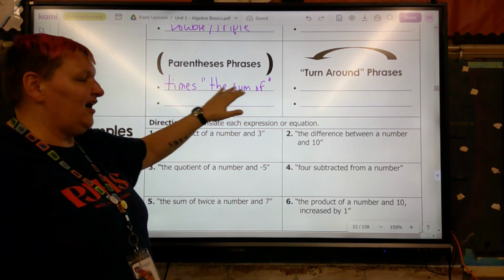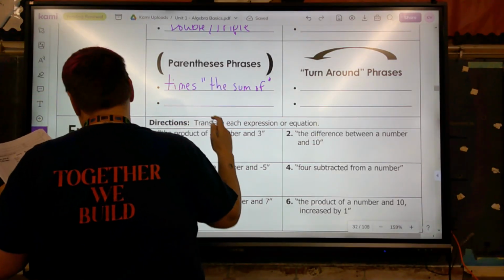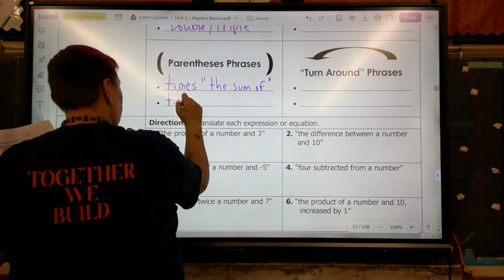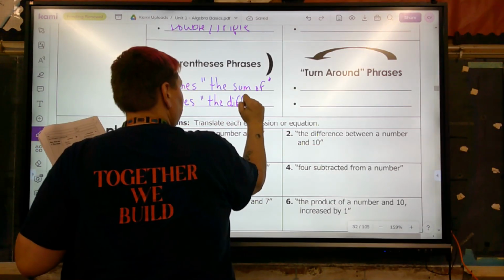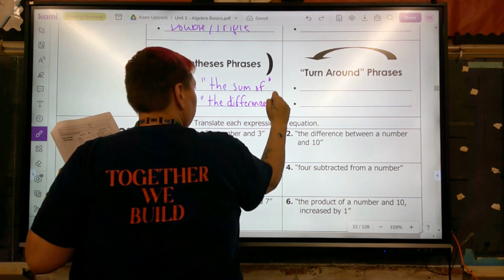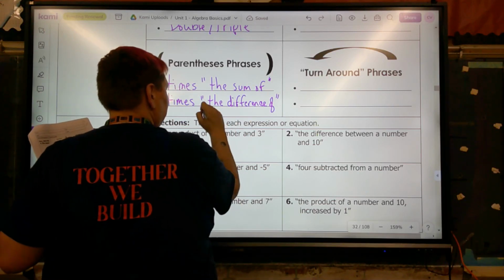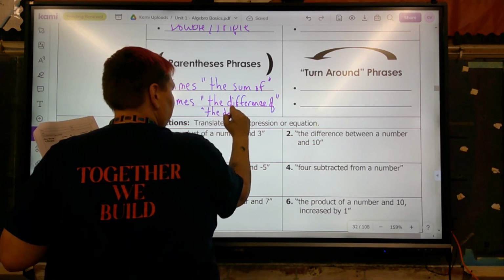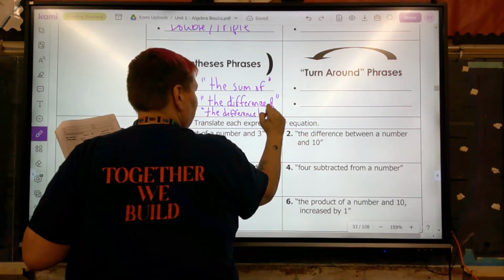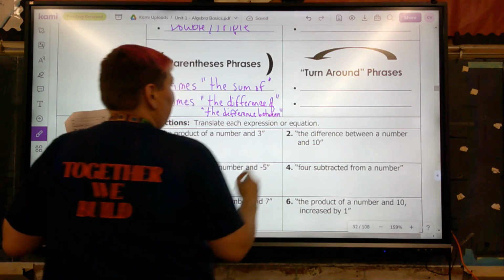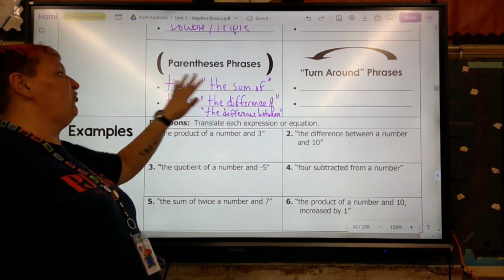And if you see times the difference of, or the difference between, then they want you to put the subtraction part in parentheses so that you will do that before the multiplication.